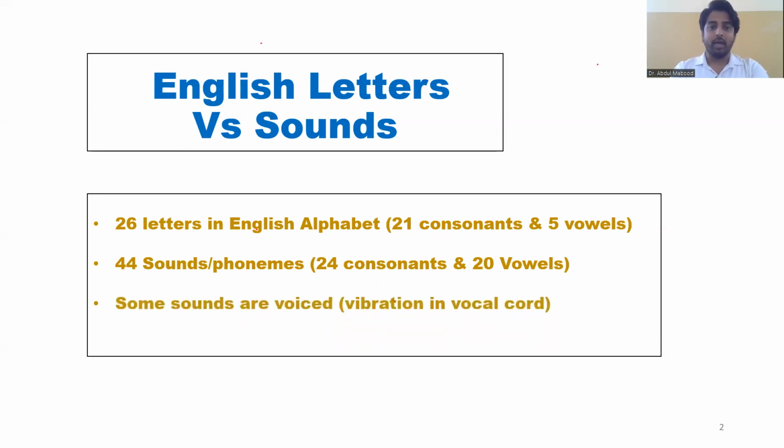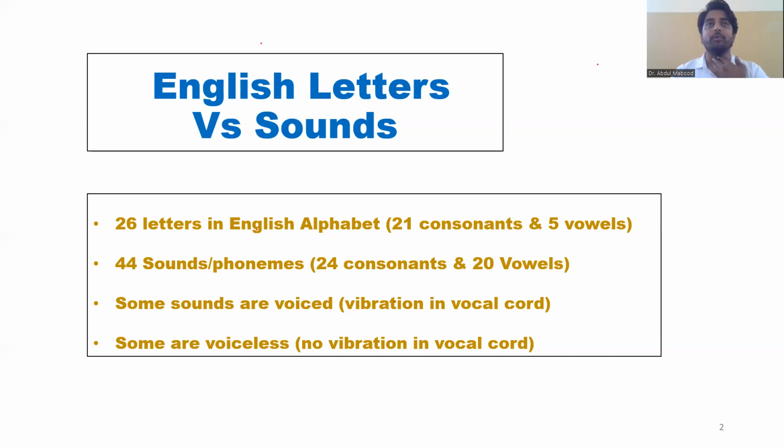Fine. Now, those 44 sounds, some of them are voiced and some of them are voiceless. Now, what are voiced and voiceless sounds? Simply, if you put your hand here, you will see that when we pronounce some sounds like ba, we get some vibration here.